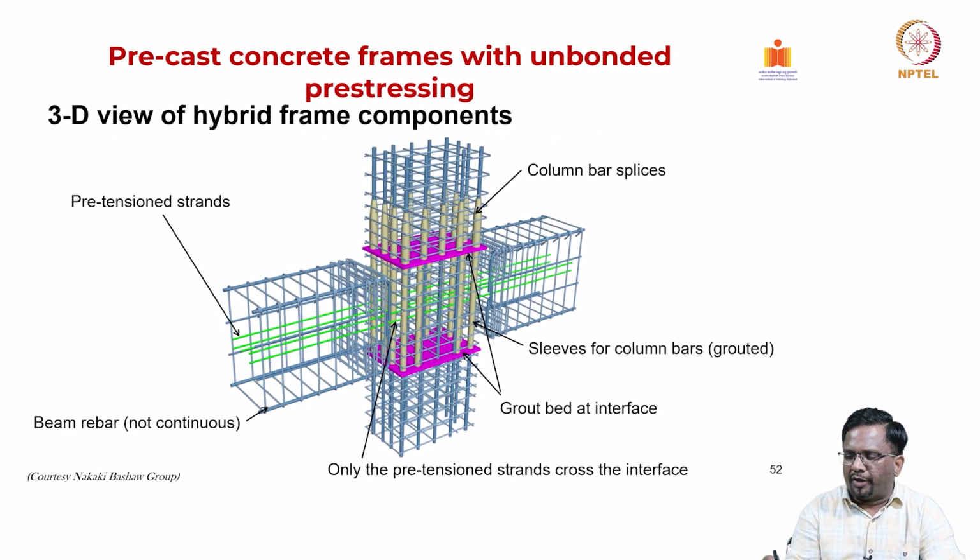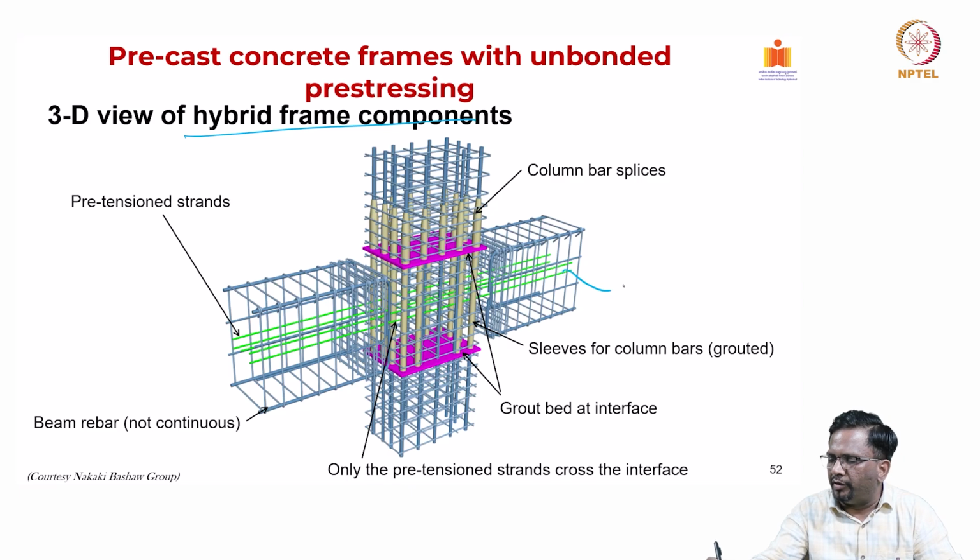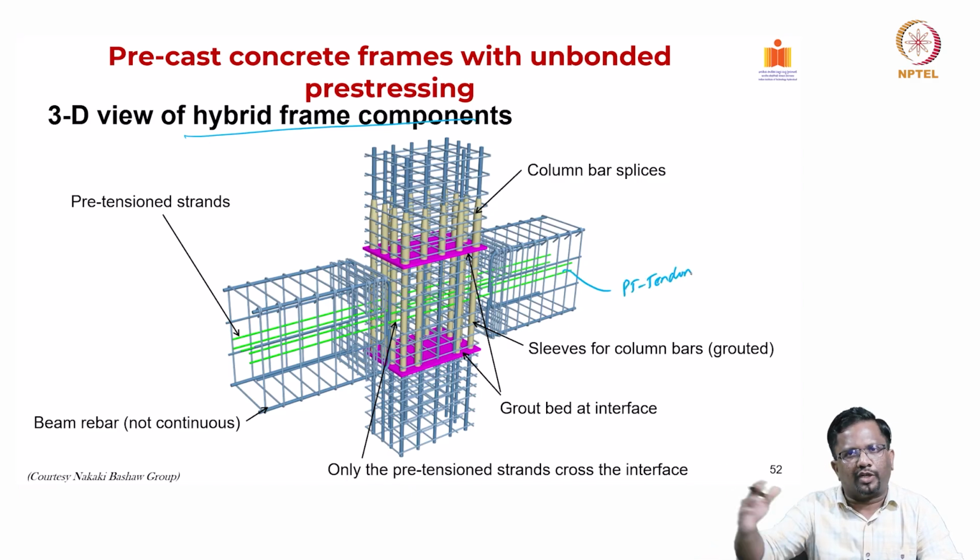Now this is a typical internal reinforcement layout for a hybrid frame component. You see here the green color elements are basically your PT tendons. They are the ones that connect all the beams together in a building frame, and these are your sleeves to connect the two columns. We say that the column is going to be continuous, right?